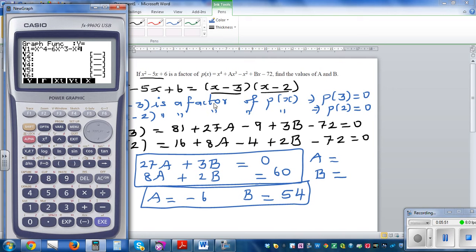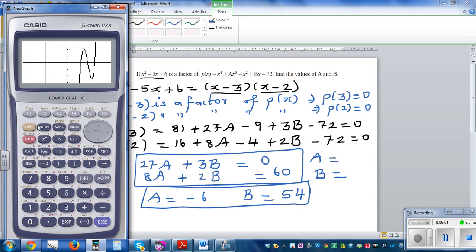This is called a quartic equation, plus 54x minus 72. Okay, so let me zoom out and make it auto. Okay, so let's scroll up. So gsolve, and let's find the root.